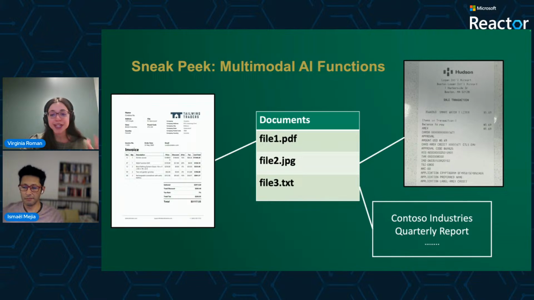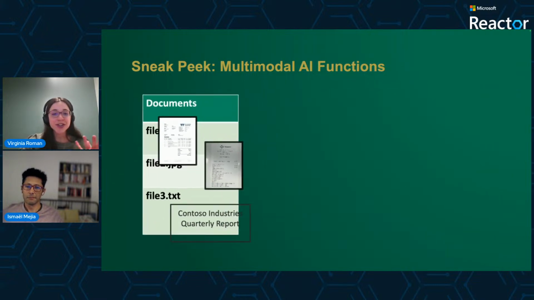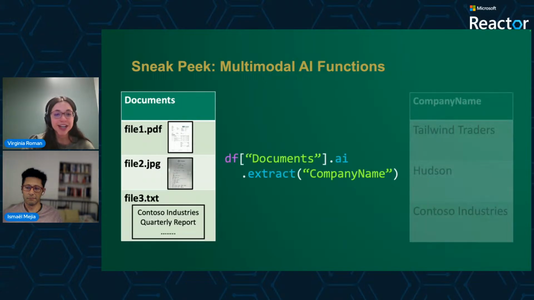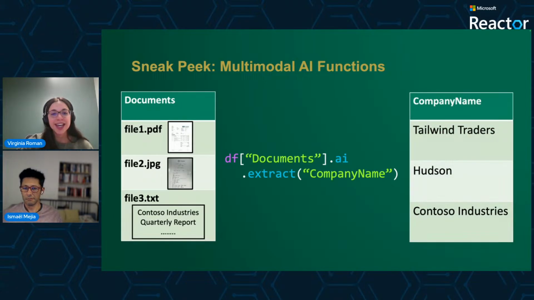So for example, in the next slide, you could extract entities from across different documents, such as the company name. And now we're going to show you a demo of how you will be able to load PDFs into a data frame once this capability is available.